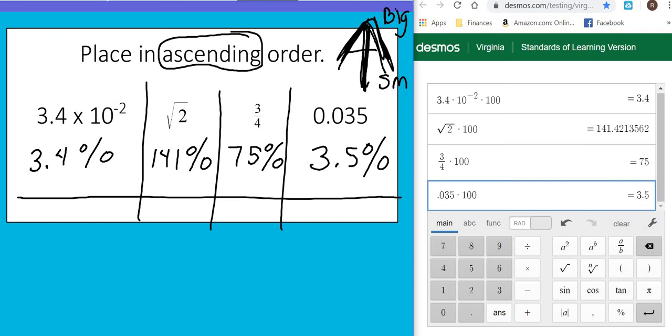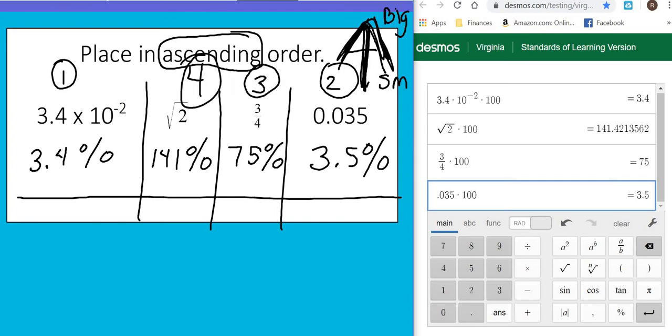So I'm going to look here. We've got 3.4%, 141%, 75%, and 3.5%. These are pretty close, but the smallest is this first one here. Then comes the second one. And then, of course, the 75% is next, and the biggest one is this one.